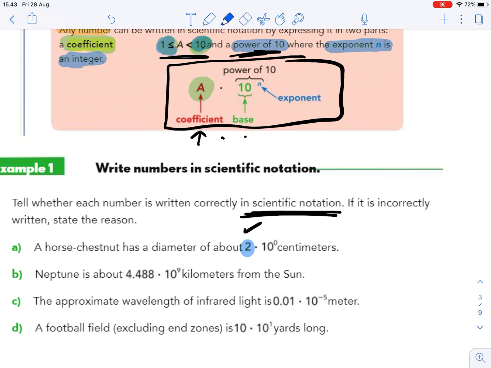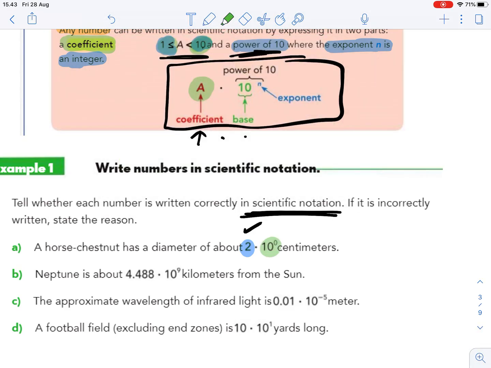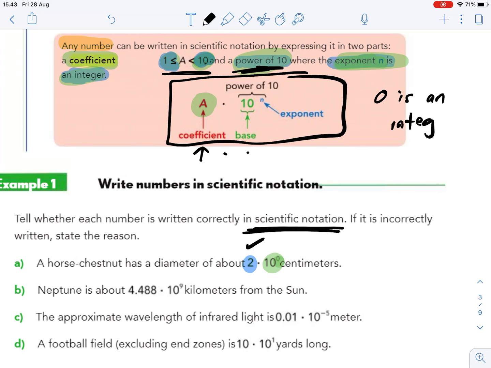Okay, it is. So that's good. Next, I want to check, is this written as a power of 10 and the exponent n is an integer? Well, it's definitely a power of 10, 10's the base, but is 0 an integer? Well, in fact, 0 is an integer.